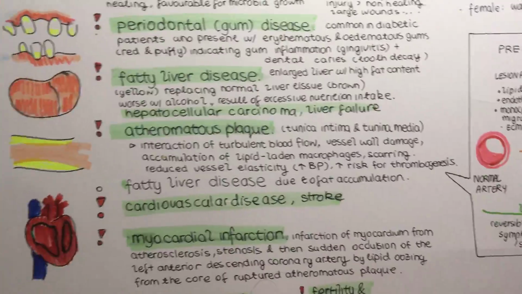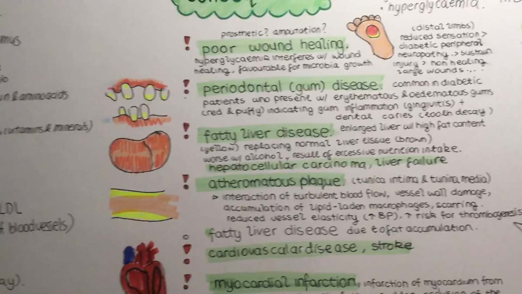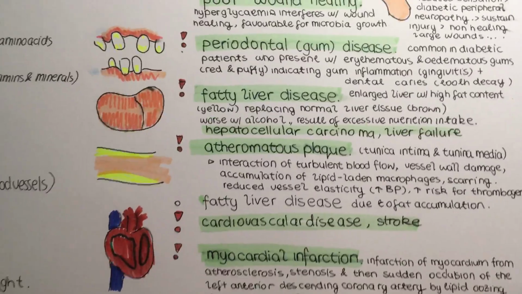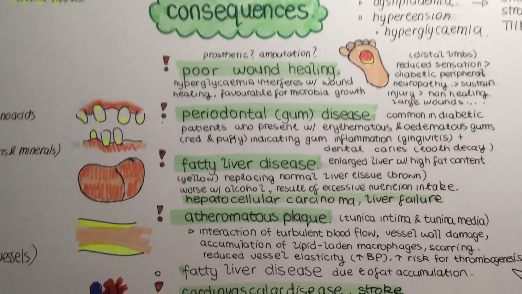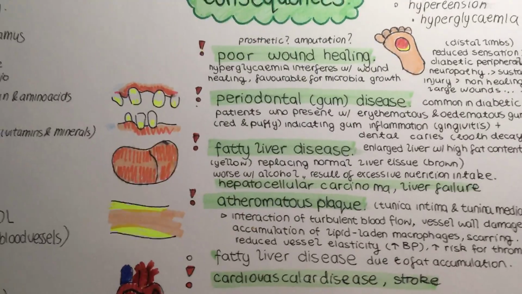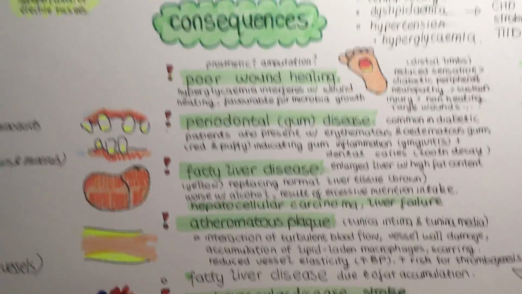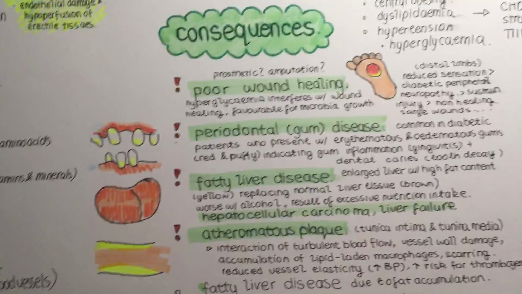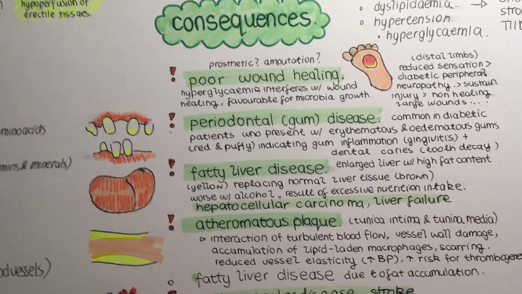Okay, revisiting some of these consequences now that they make more sense. So you have poor wound healing, and this is due to several reasons. Number one, you have hyperglycemia, which means that there are lots of nutrients for the microorganisms.